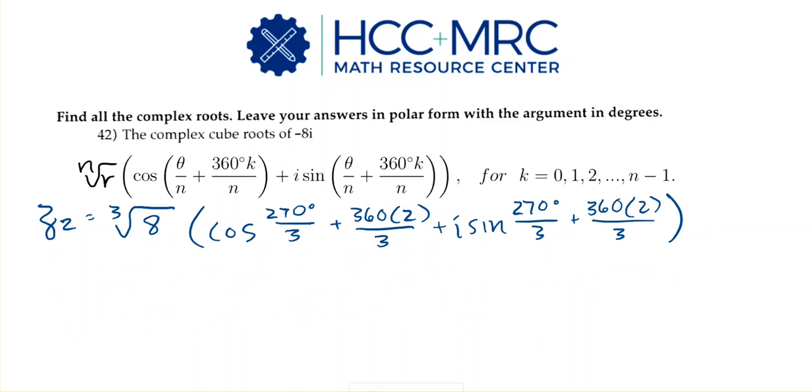And finally, we are on k equals 2. So z of 2 equals the cube root of 8 times the quantity of cosine 270 degrees over 3 plus 360 degrees times 2 over 3, plus i sine 270 degrees over 3 plus 360 degrees times 2 over 3.